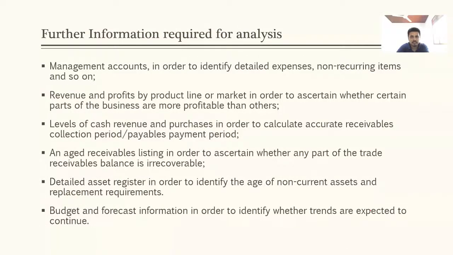And further information, so when analyzing these financial statements, don't just look at these financial figures. Apart from that, there are various other reports and records that we can refer to and we need to refer to, especially when you are in practice. Right? In practical terms, if you are doing these analyses, we always need to refer to other relevant documents, other relevant reports and all.